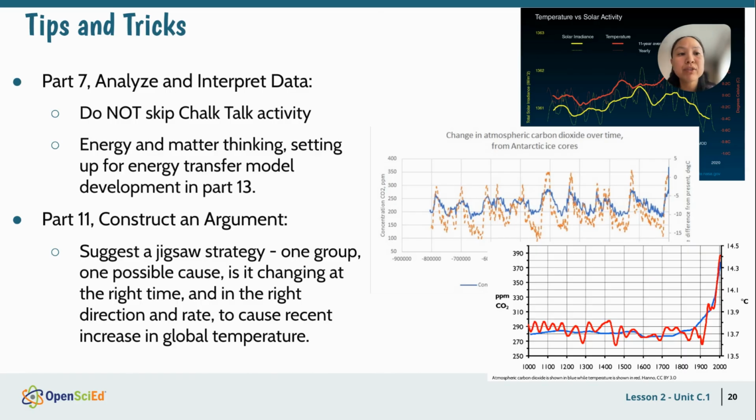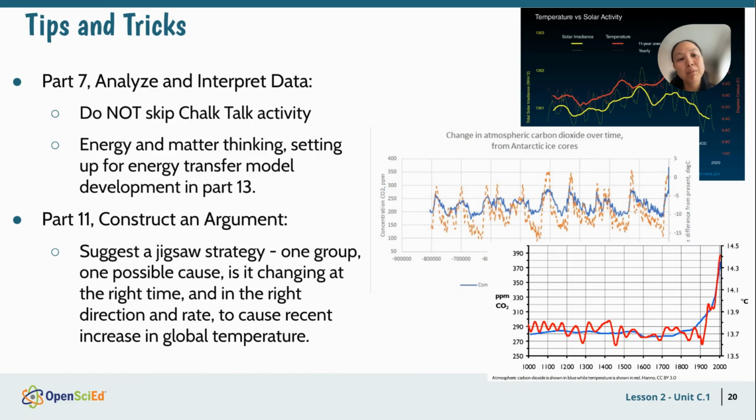Since it is critical for students to digest how each factor, Earth's orbit and tilt, volcanic activity, solar activity, and atmospheric carbon dioxide concentration affect global temperatures, in part 7 and part 11, it's really those instances where you want to go slow to go fast, right?